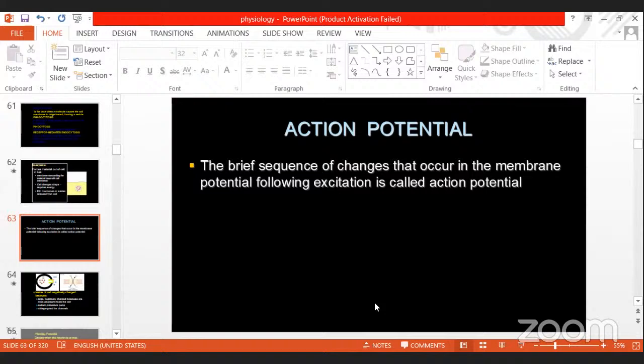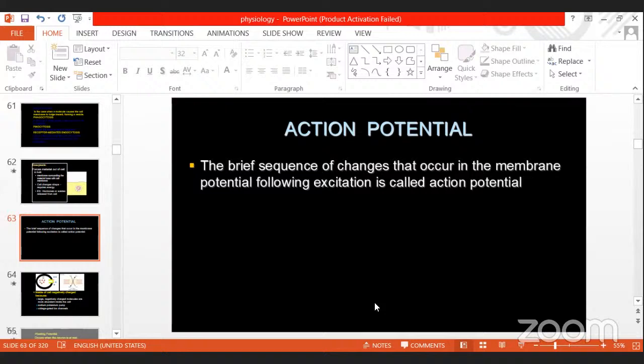The message or the change is known as action potential. The brief sequence of changes that occur in the membrane potential following excitation is called action potential. So let's see what happens in the resting state and how each cell is excited.